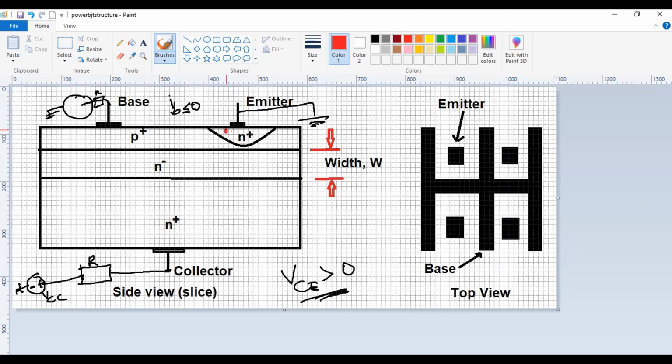In this case, although I have a bunch of electrons in the emitter, these electrons cannot cross that PN junction and come down to the collector. Because of the base, this is reverse biased. So I've got VBE being reverse biased.